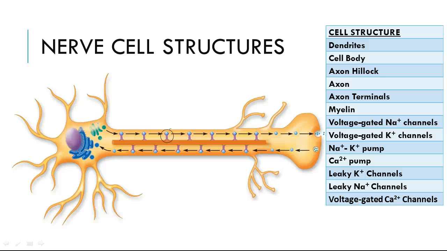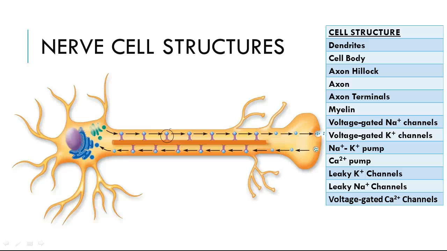What about voltage-gated potassium channels? When the voltage changes and these open, potassium would flow out of the cell. The polarity change is causing the cell to, you would use the word repolarize, or maybe even hyperpolarize. Very good.